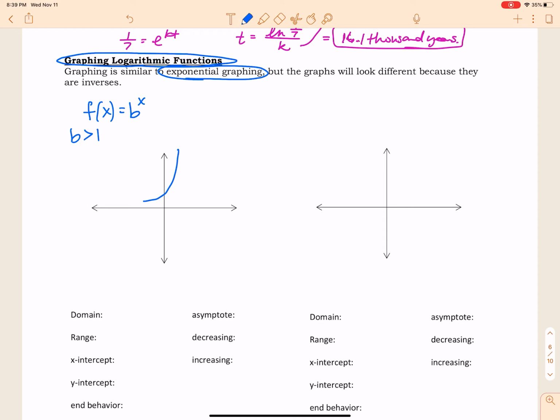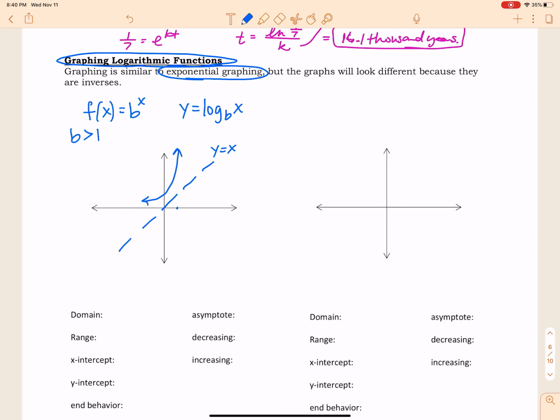Well, with our log function, it would be y equals log base b of x. Since this is the inverse, it's essentially going to be the reflection of this exponential function over the y equals x line.